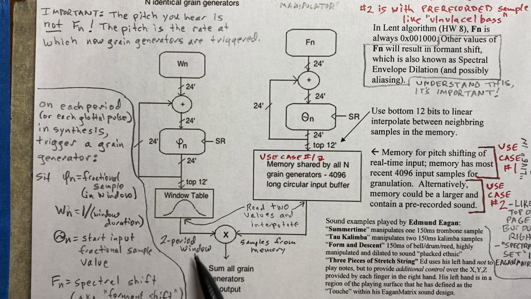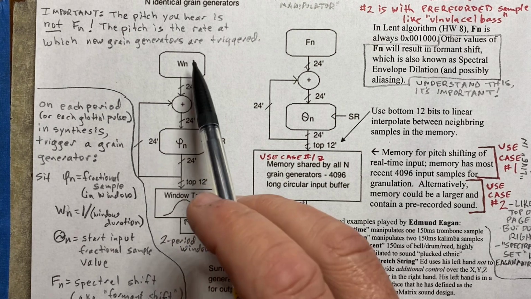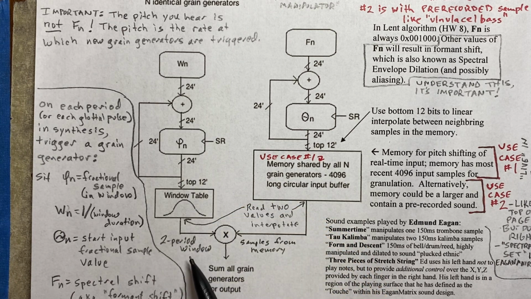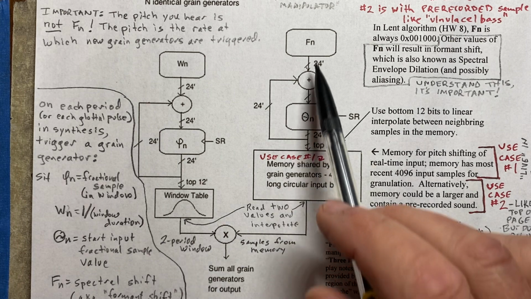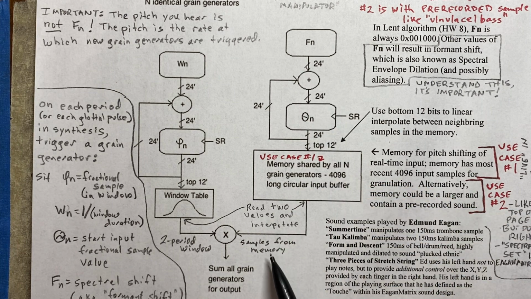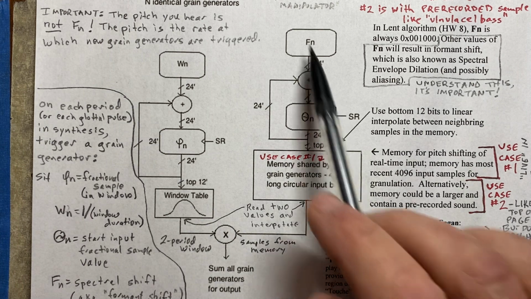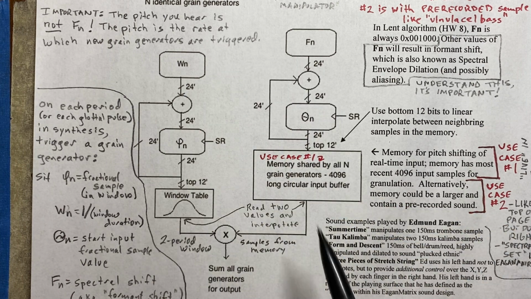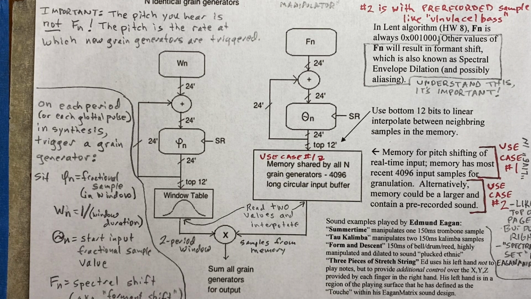This side's job is just to generate a 2-period window, and this side's job is to deliver a sequence of samples from memory, the ones that you want to have windowed. And all that gets added up.